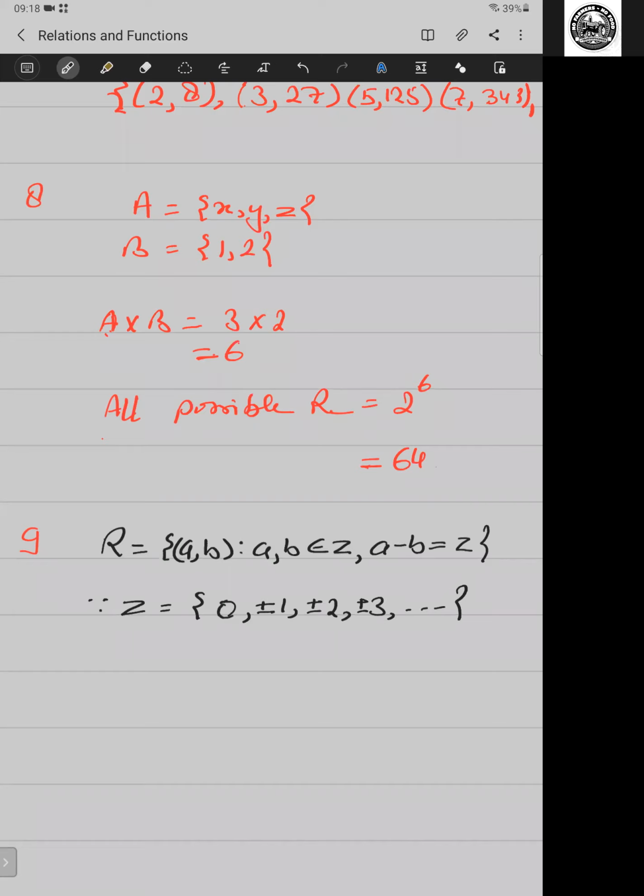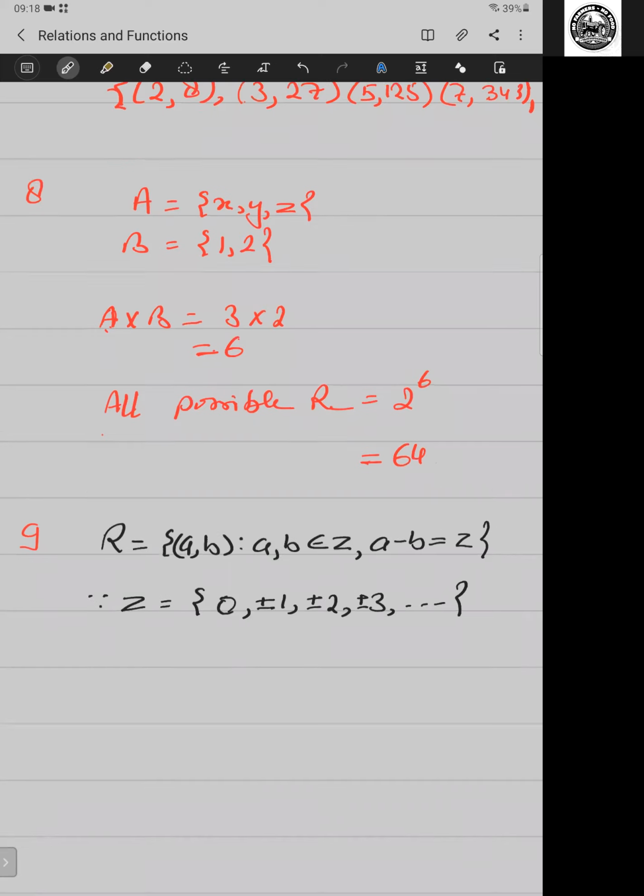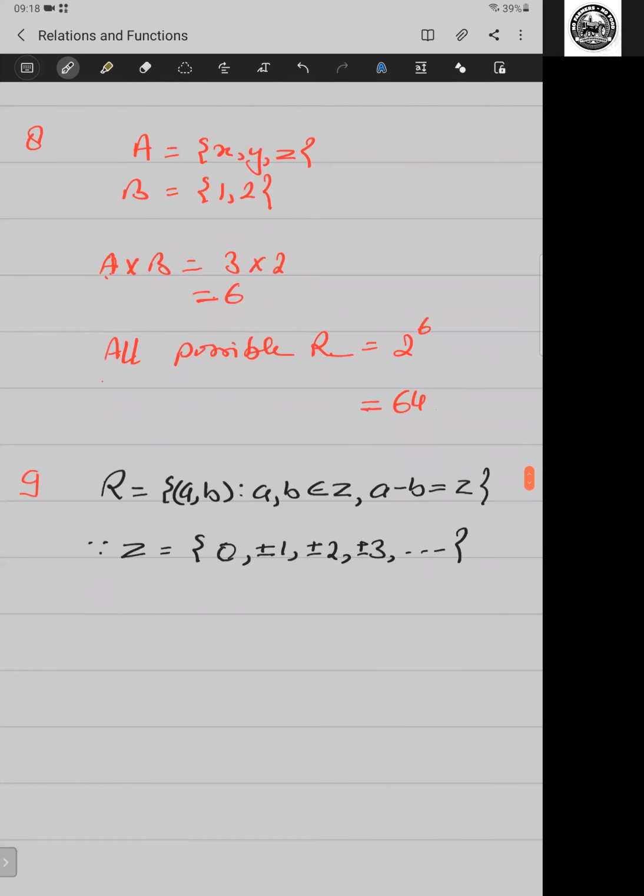Difference between two integers will always be an integer, whatever you could suppose. So domain equals to Z, range equals to Z. Means domain and range both will be integer, because integer minus integer will always be an integer, whether it is coming 0, minus 1, plus 1, minus 2, plus 2, whatever result we are getting, that will be ultimately an integer.